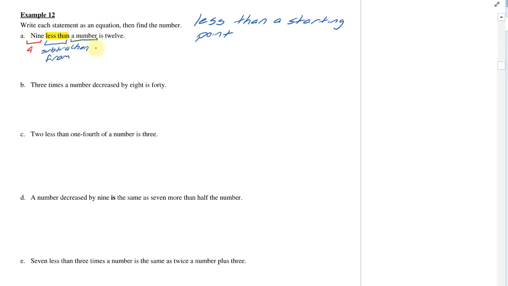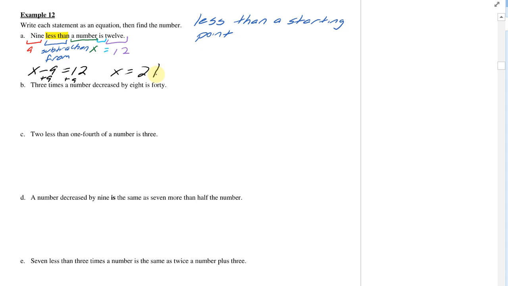A number will stand for x. Then we have is, so is will still make the equal sign, and then of course 12 will indicate 12. So the actual way that this will present itself is x minus 9 equals 12. Now I can just add my 9 to each side, so I get that x equals 21. That would be the solution to this one.